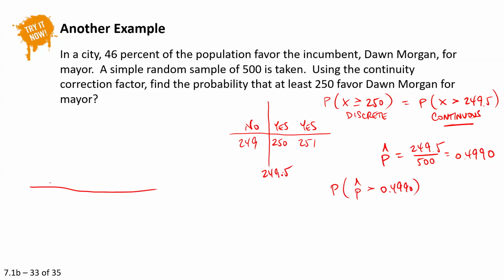Okay, well, we have our distribution of p hats. What's this centered around? You actually have the God's eye view here and know what the right answer is. What is the right answer for the proportion of people favoring the incumbent? 46%, yeah.